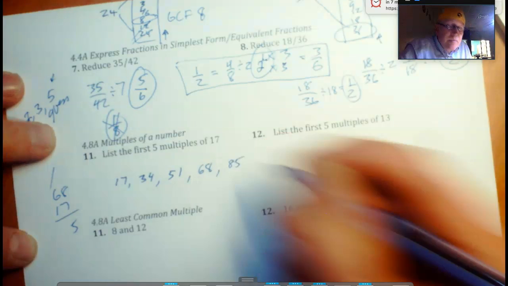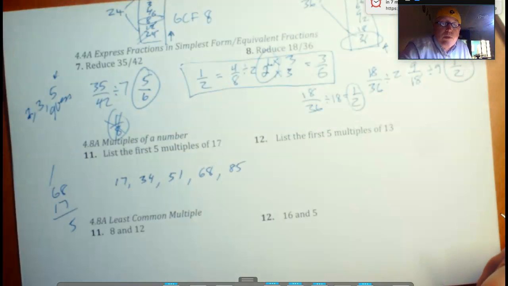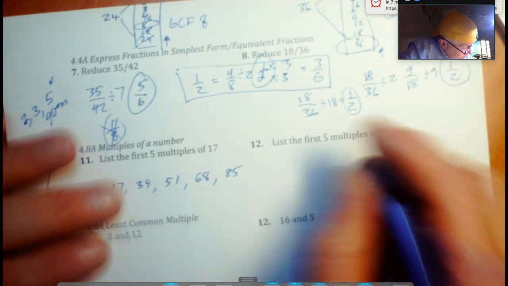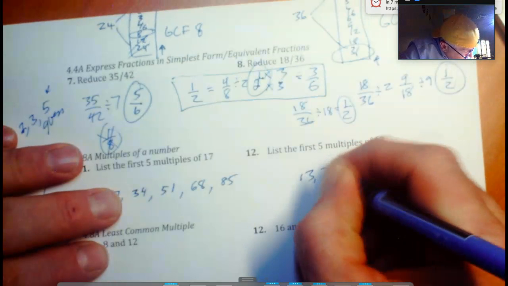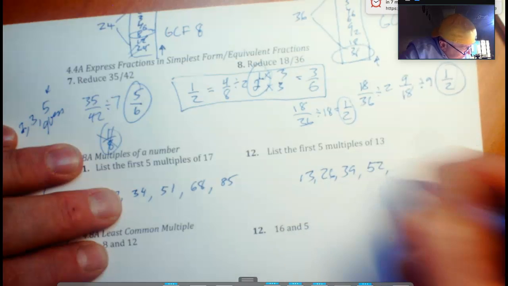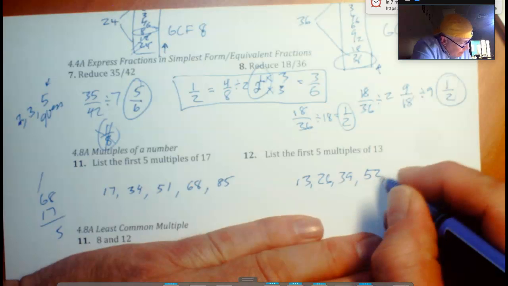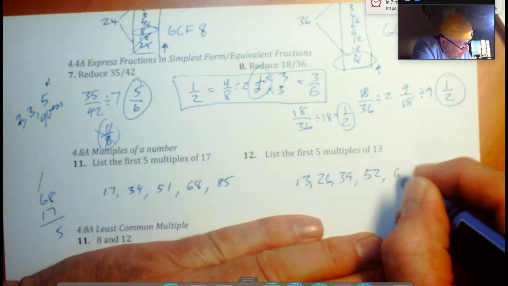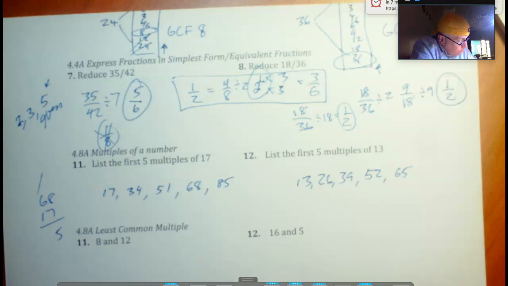Yep, 85. So those are the first 5 multiples of 17. First 5 multiples of 13, a little easier. 13, then 26, then 39, then 52, and then 65 will be the next multiple.